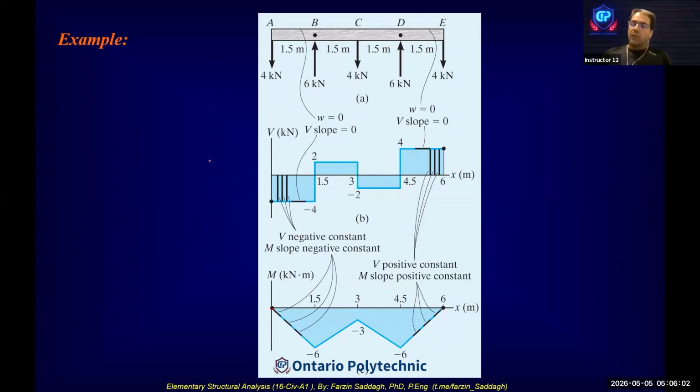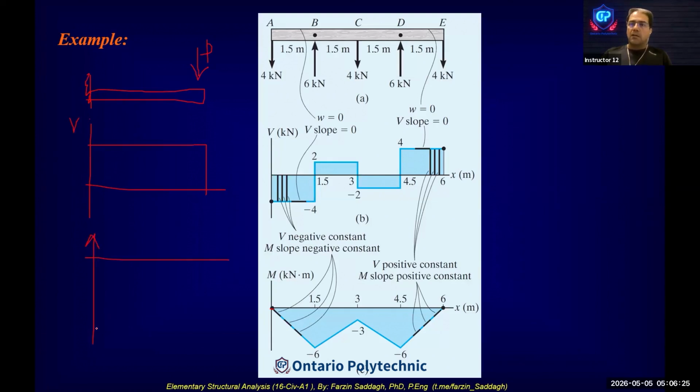For example, if you have a fixed beam like this, the shear force is something like this, and the moment starts from 0, but at the beginning you have a negative moment. If the length is L, then M is minus PL.